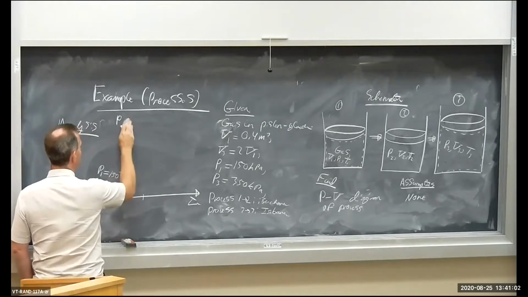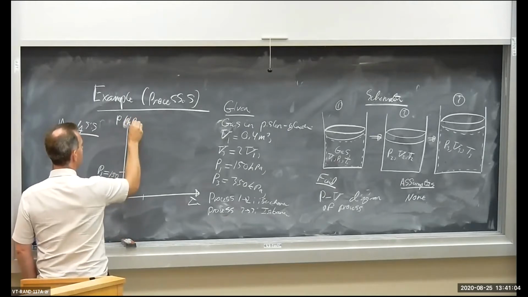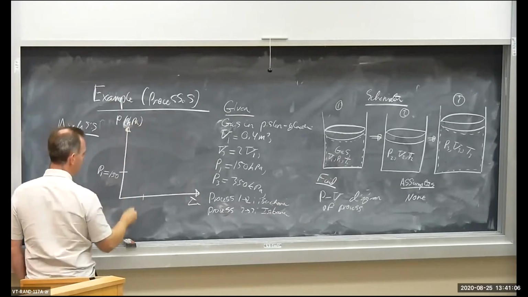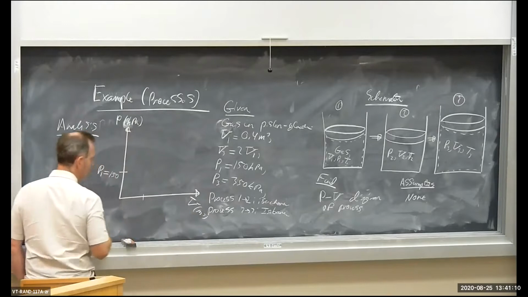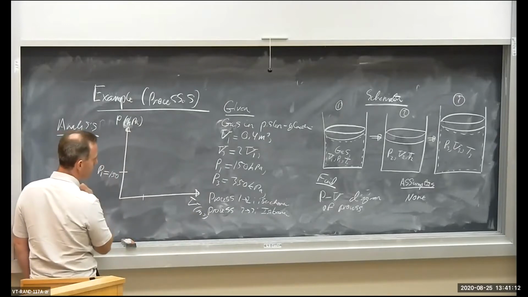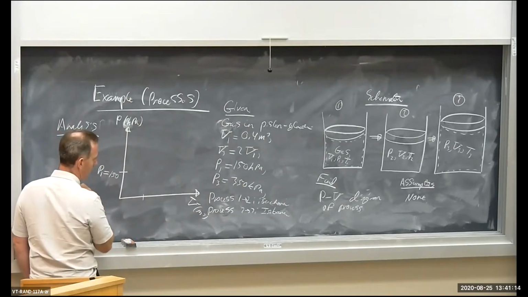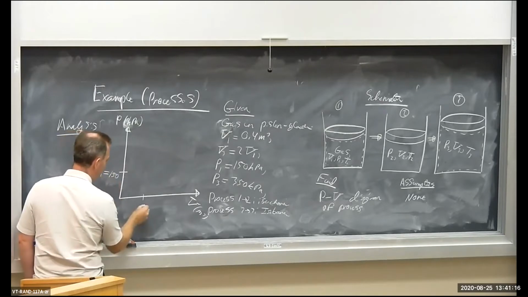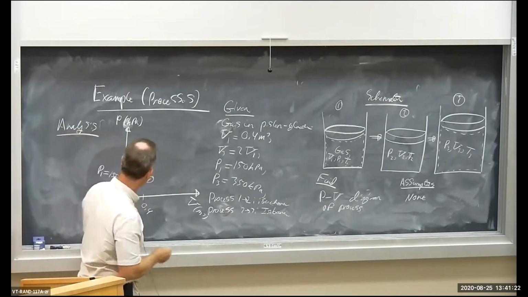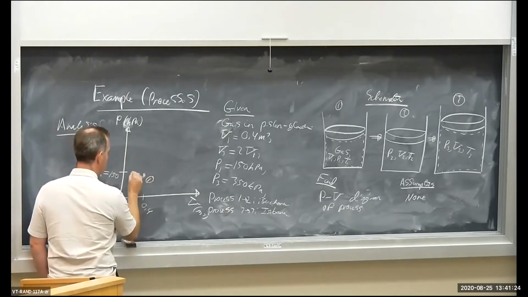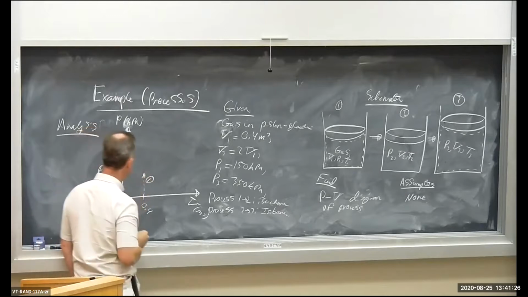This is going to be in kPa, and volume is going to be in cubic meters. So we start off with 150 and 0.4 cubic meters. That's state number 1 right there.